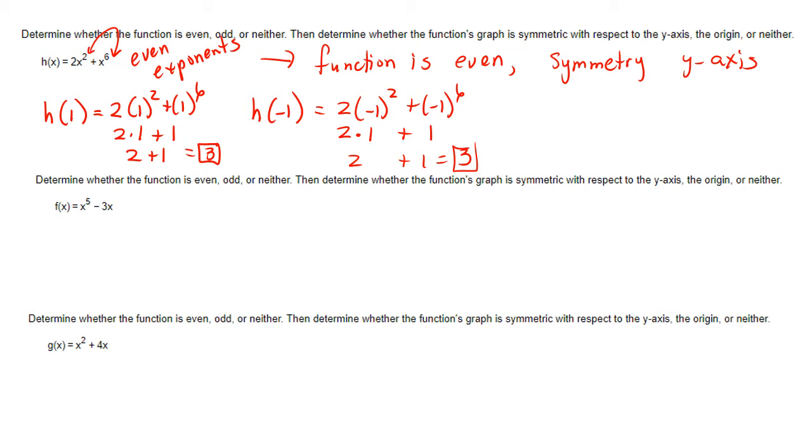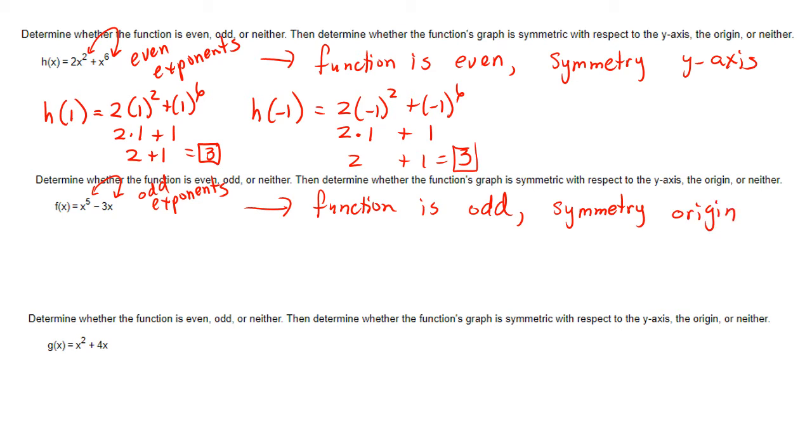Now the second example, if you notice, you have odd exponents. The exponent on the second term is an understood 1. If it's odd exponents, then the function is odd. An odd function is a diagonal symmetry about the origin, as we had earlier defined.